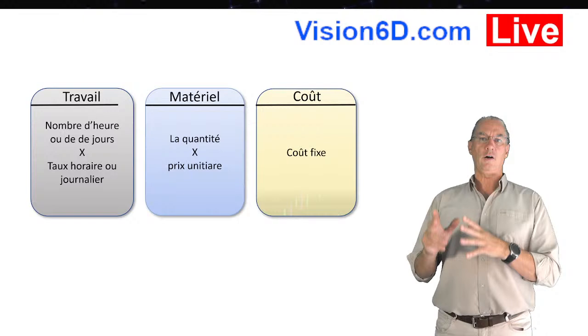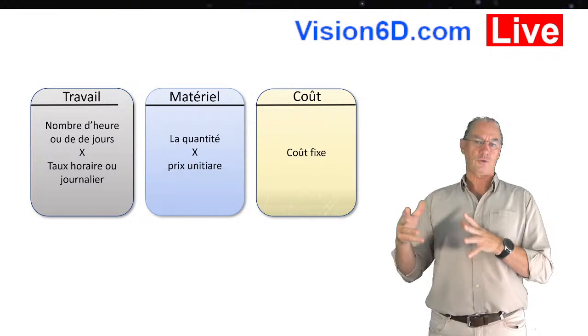There are other possibilities. For example, you could have an insurance in a project, and this could also be a cost resource. In the construction field, for example, you often have companies or subcontractors that intervene in your project for a fixed amount.